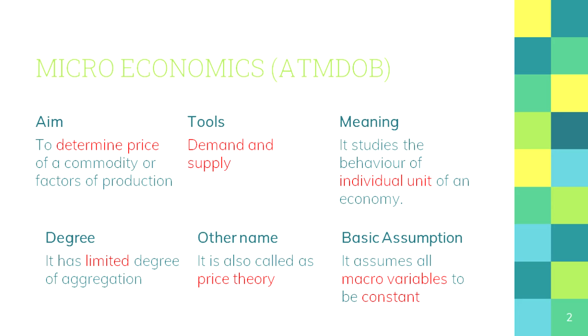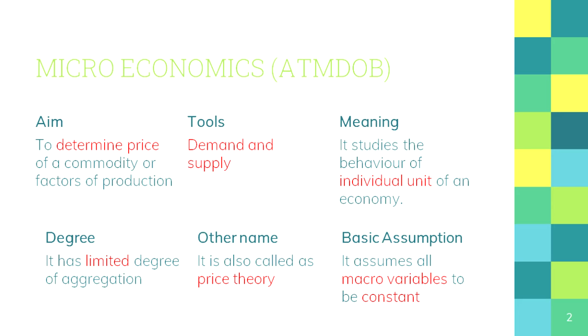Now what is market demand? Market demand is the totality of all individual demands. When we add all individual demands, what we get is called market demand. So in microeconomics, we have a very limited degree of aggregation.